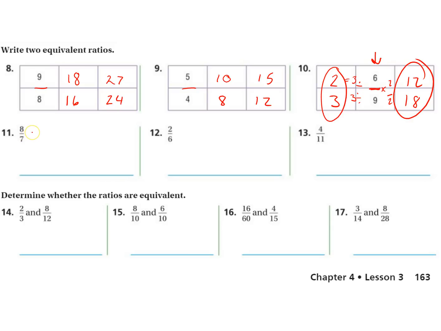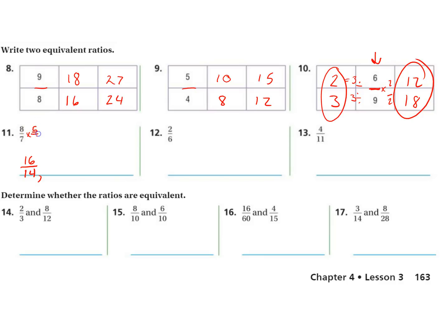Okay, 8/7. Again, didn't give me any direction, so I can just multiply the numerator and the denominator by whatever I want as long as it's not 1. So I can get 8 times 2 is 16, 7 times 2 is 14. That would be equivalent.